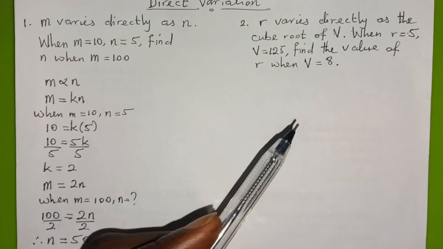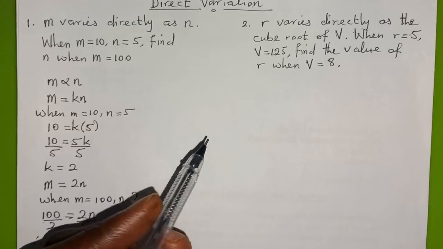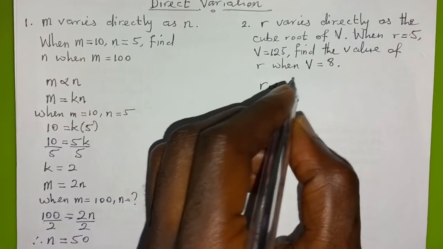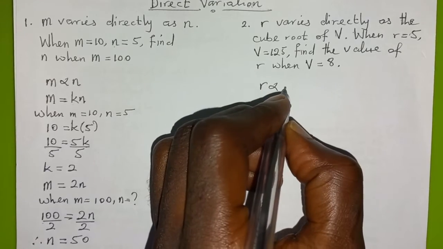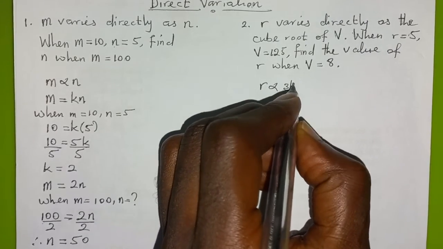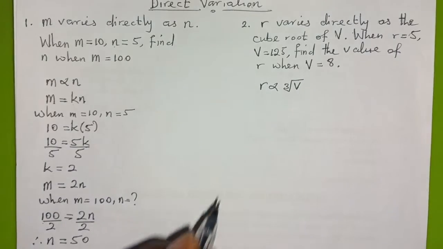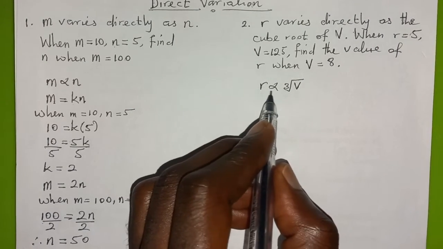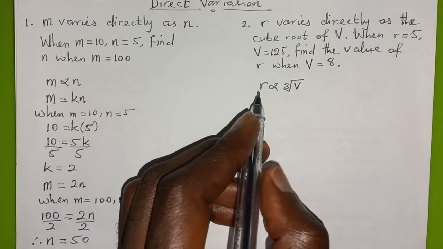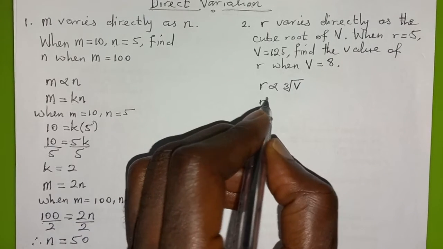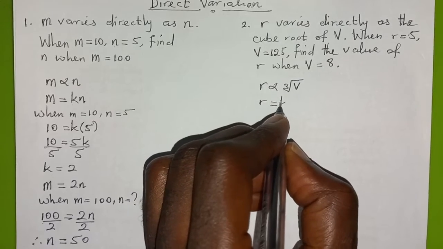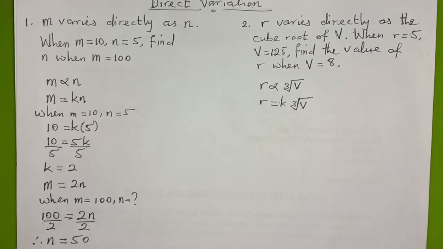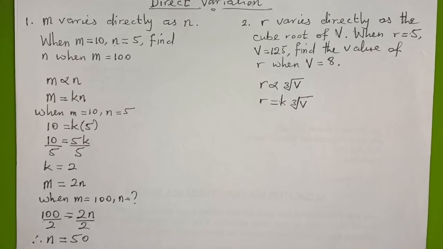So the same procedure, we are saying that our r varies directly as the cube root of v. What we need to do is to replace the variation sign by our constant of proportionality. This will become r equals k cube root of v.